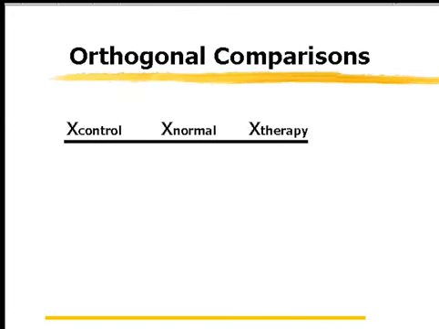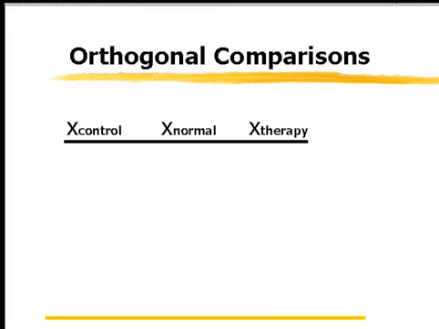So let's take our three different groups: the mean of the control group, the mean of the normal group, those with a normal TSH who are not being treated, and the group that is being provided with the hormone therapy. Now, in a non-orthogonal or non-planned comparison, you would have to compare this group versus this group versus this group, and the normal group versus the therapy group. So you would have three comparisons.